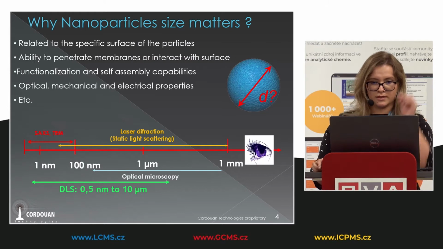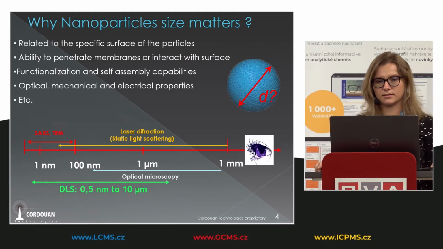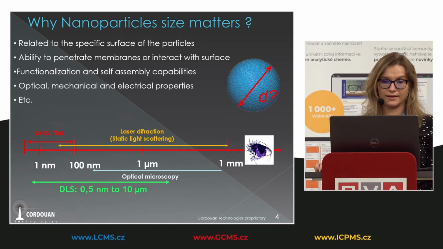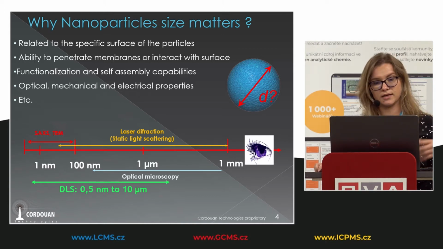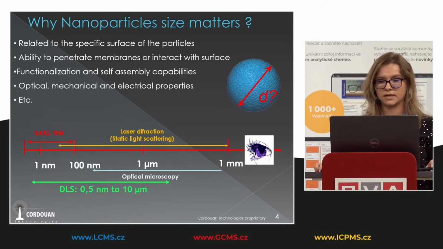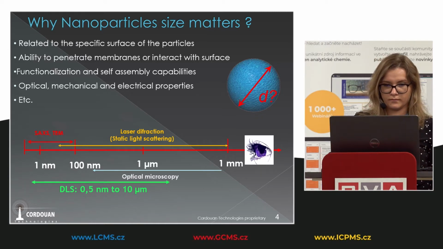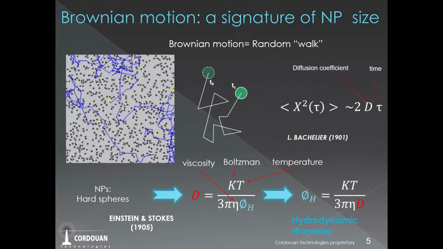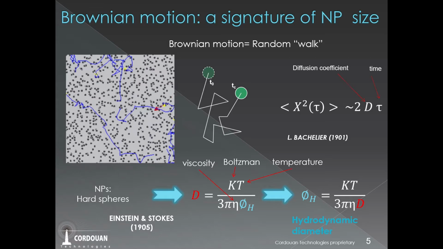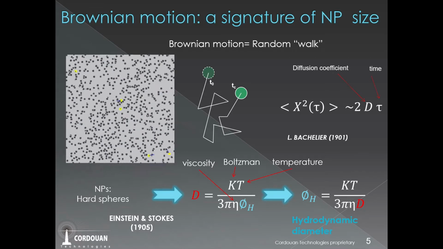But before saying something about the Thetis, I will introduce DLS, or dynamic light scattering. DLS is a method which covers a big range of nanoparticle sizes. The size of a nanoparticle is important because, depending on the size, we could have different properties of your material. The method is based on tracking the Brownian motion, which is the random motion of the particle within your solution.